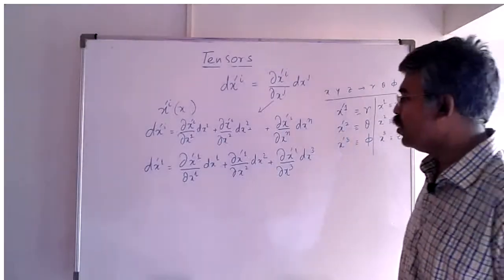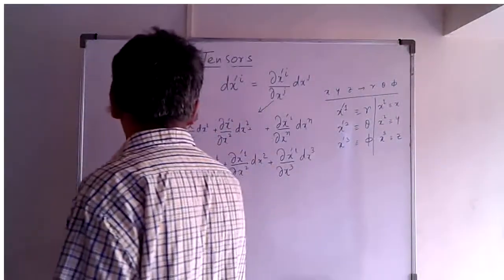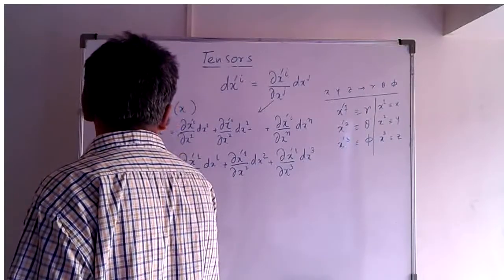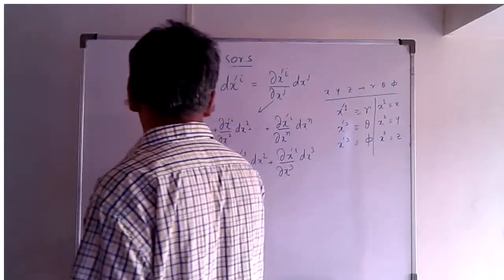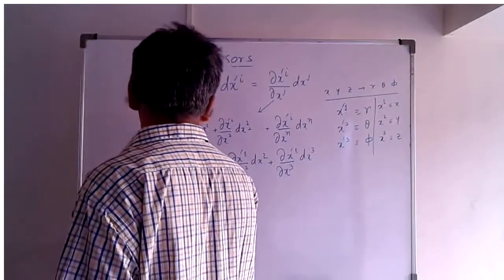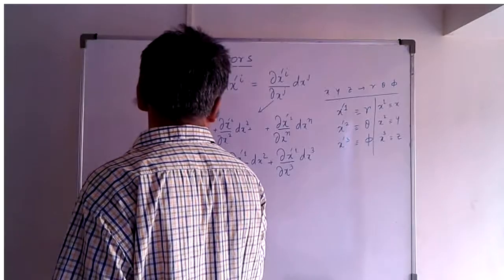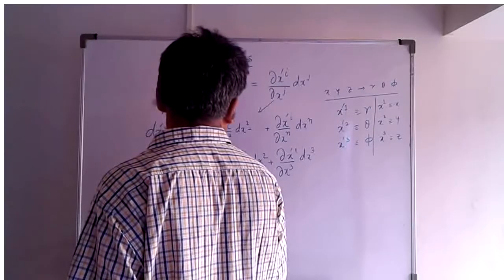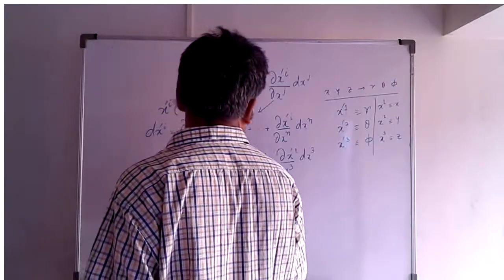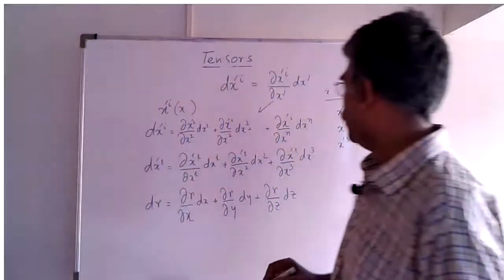Fine. Now if this is r, this will be dr, and then it will be del r del x dx plus del r del y dy plus del r del z dz.